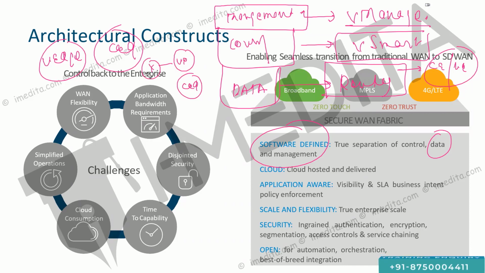SD-WAN allows us to centralize the management plane functionality and the control plane functionality with the help of a controller. That does not mean that we cannot have the management plane locally on the device, or cannot do the device management locally, or cannot forward the data unless it is connected to the controllers.